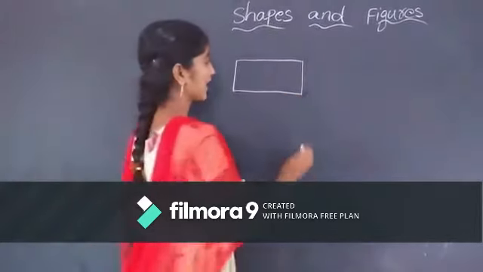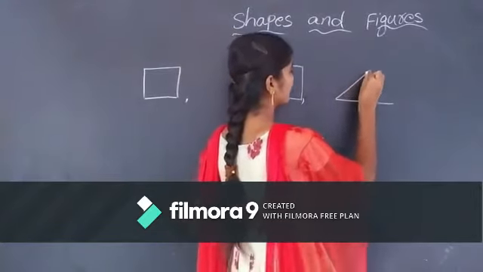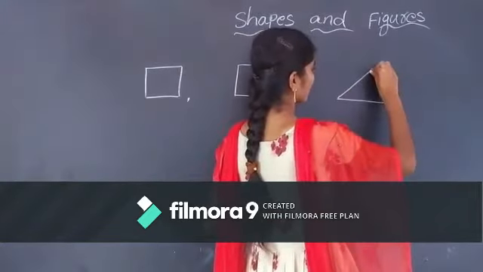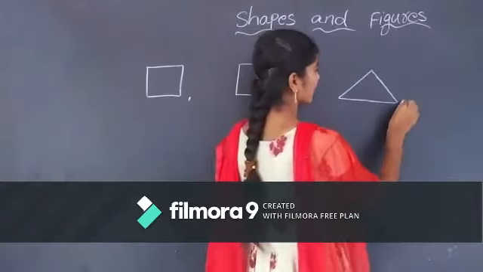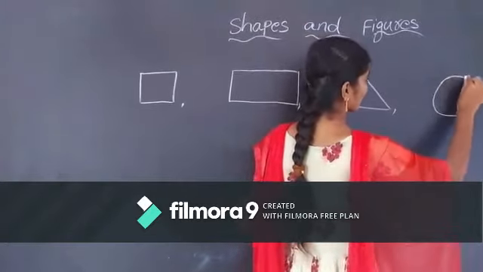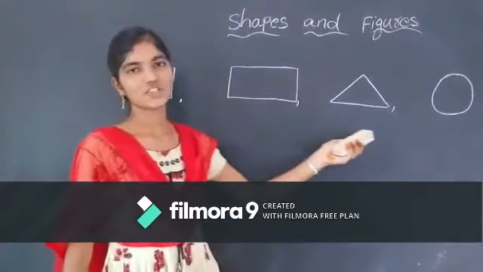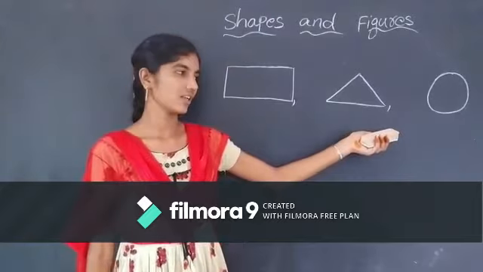This is called rectangle. This is called triangle. And the fourth one is circle. These are the four basic shapes we have seen.